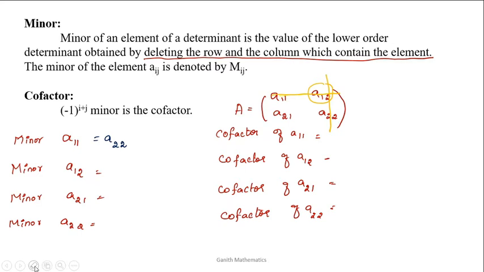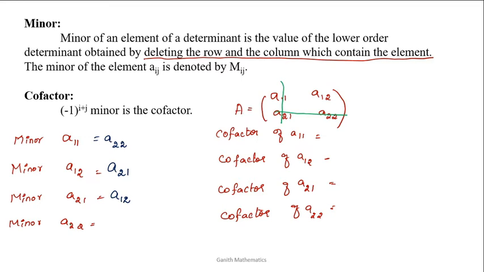So we have to enter the value A21. Now finding the minor of A21, we have to eliminate the corresponding row and column in which it lies. A21 lies in the second row and the first column. If I eliminate these, I get A12. So the minor of A21 is A12, right? So I have to enter A12.